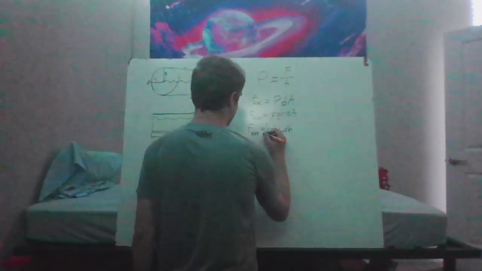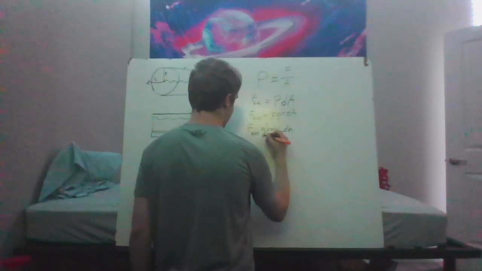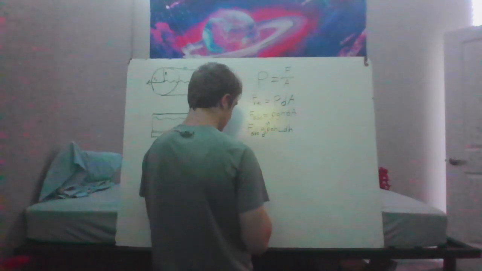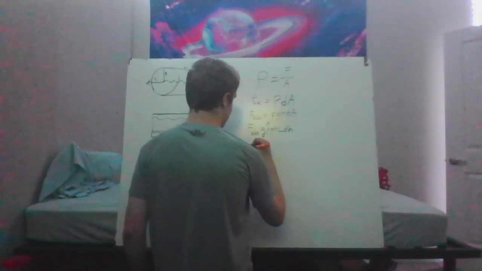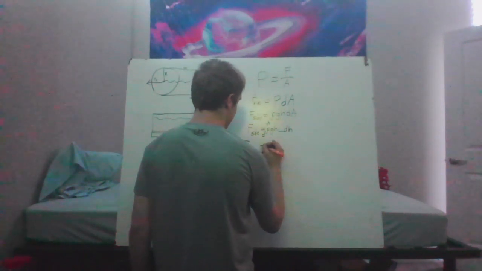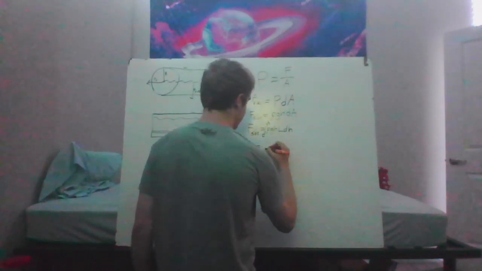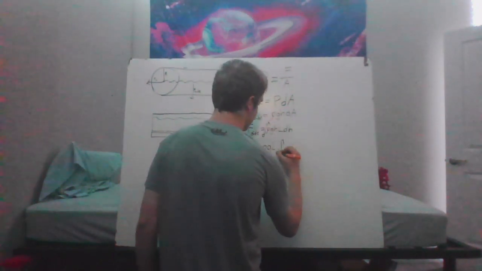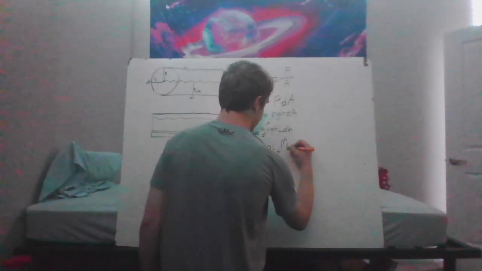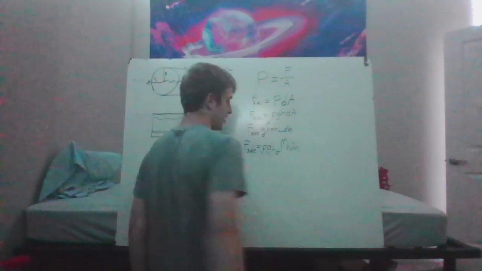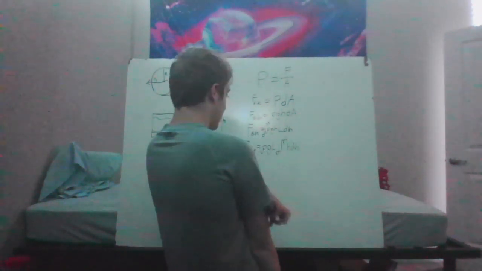And we're going to want that from 0 to our height h. So now to take that integral, we are going to put all the constants in front, rho, g, and L, and then the integral from 0 to h of h dh, and put dummy variables in there.